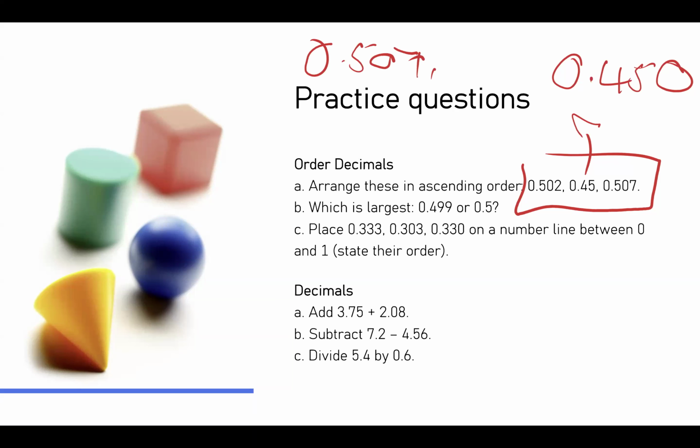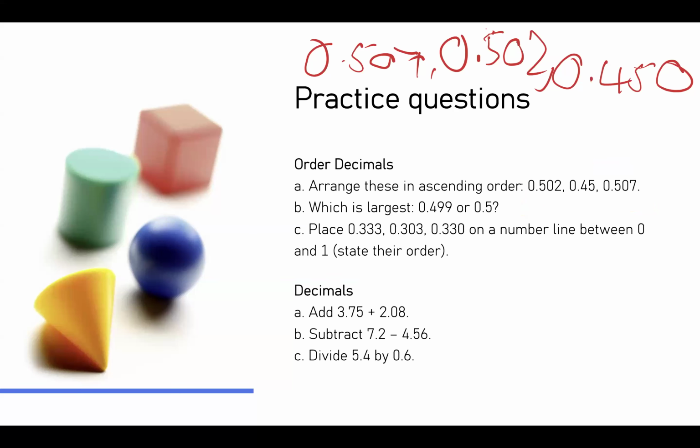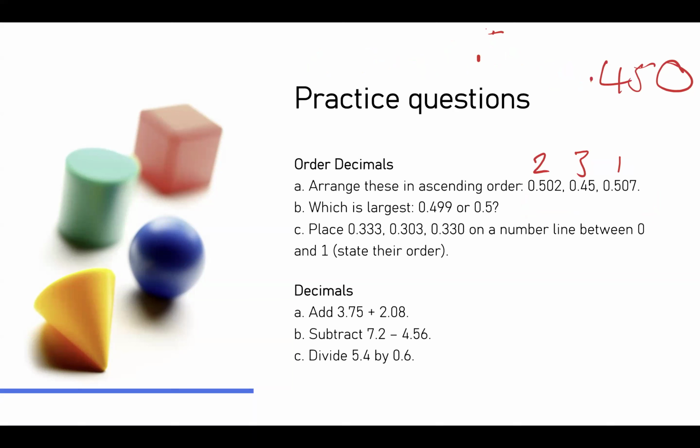The second biggest is 0.5025, not 8, sorry guys. And then the smallest is 0.45. So in ascending order, that would be the order: number one, number two, and number three. That would be the order.